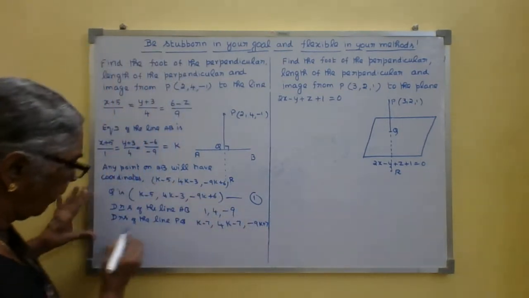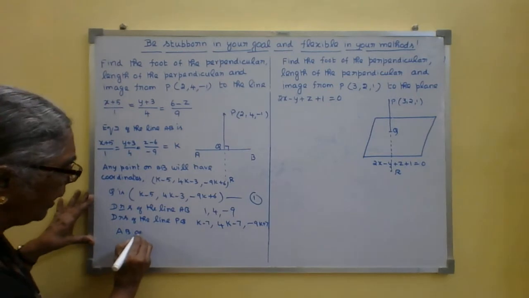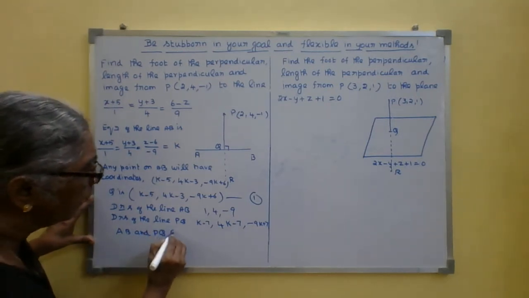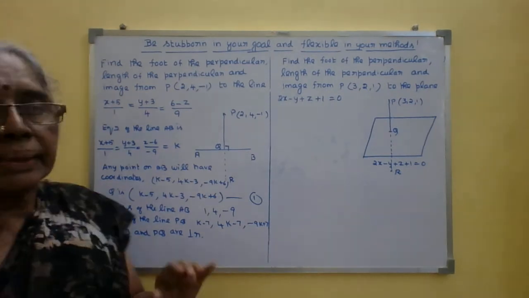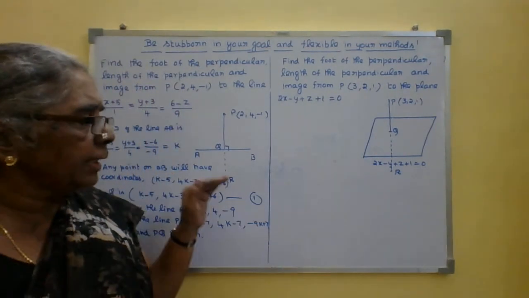Now I told you already AB and PQ are perpendicular. So the sum of the product of the DRs is equal to 0. I am going to find the value of k.